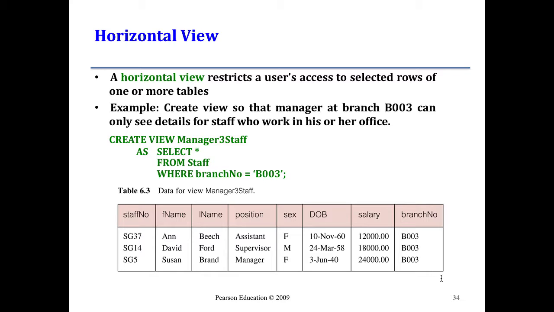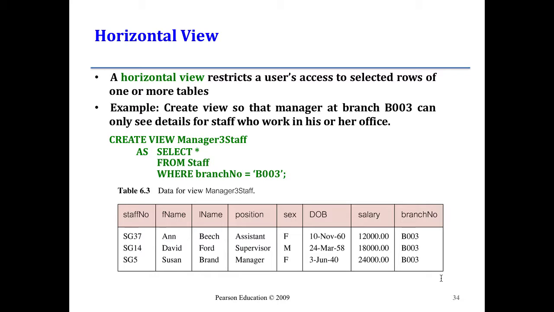There are two concepts, horizontal view and vertical view, that you should be aware of. So a horizontal view is one where you're filtering rows from a table. You're giving someone a restricted view to the tuples in the relation.